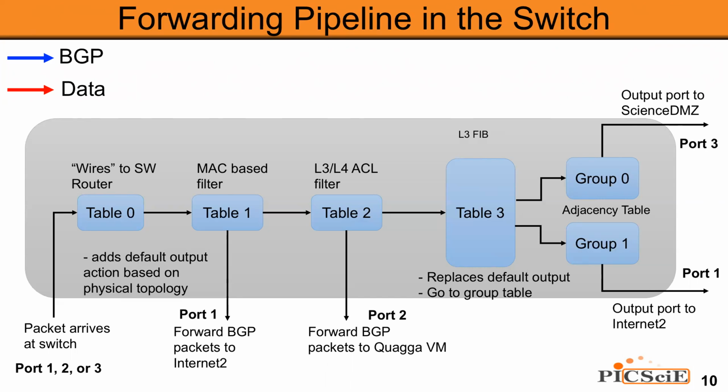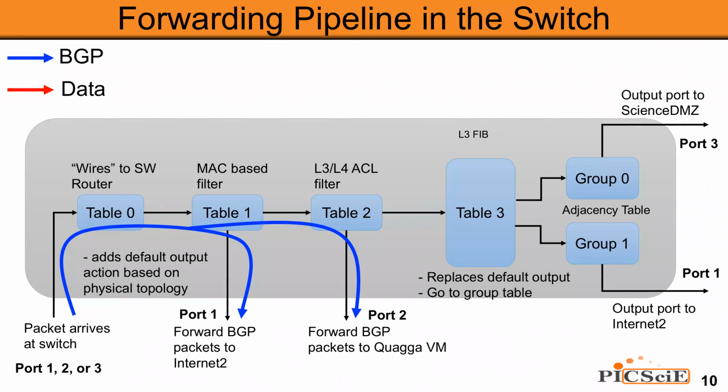So when a packet arrives at the switch, it will come in on port 1, 2, or 3. If it's BGP traffic, first it'll hit table 0, which adds a default output action based on the physical topology. So if it's coming in on port 1, the default may go to port 2 or 3.